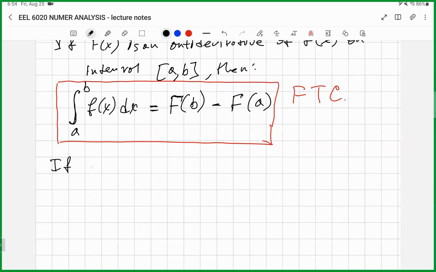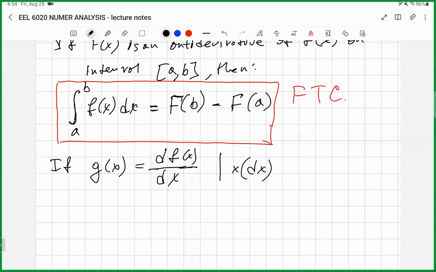So if g(x) is equal to df over dx, where f is a function of x, formally, I can multiply both sides by dx, and I will get g(x) dx on this side equal to df.